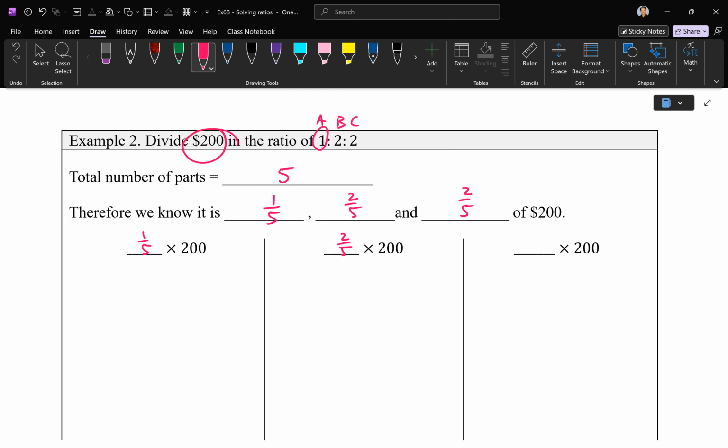What is 2/5 of $200? And yes, you are correct. It is $40. If you type on your calculator 1 divide 5 times 200, for those who can't do their fractions, you can type on the calculator. And this one should then be $80.